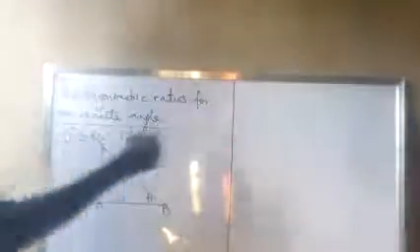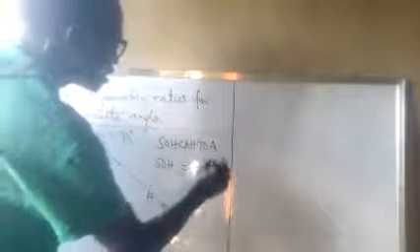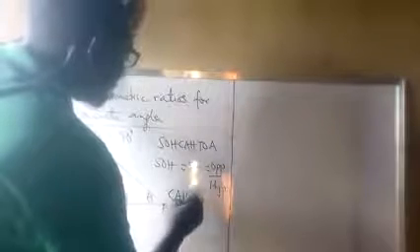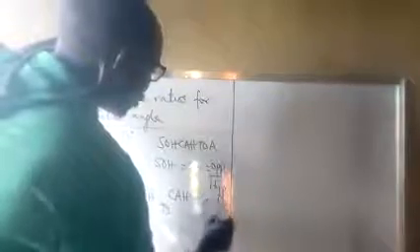Now using SOHCAHTOA, which we had learned in our elementary mathematics. SOH stands for sine, which is opposite over hypotenuse. O stands for opposite, H stands for hypotenuse. CAH stands for cos, which is adjacent over hypotenuse.